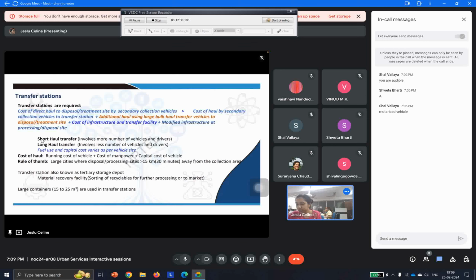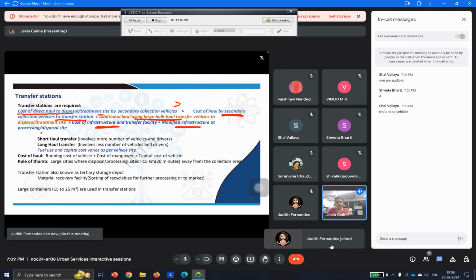The condition is that the cost of direct haul, by which we mean directly transferring it to the disposal site or treatment facility, is greater than the cost of the haul from the secondary facility to the station, the additional haul and storing this, and then the cost of the infrastructure and the transfer, plus this modified infrastructure. All this together mainly includes the cost of installing or implementing the transfer station.